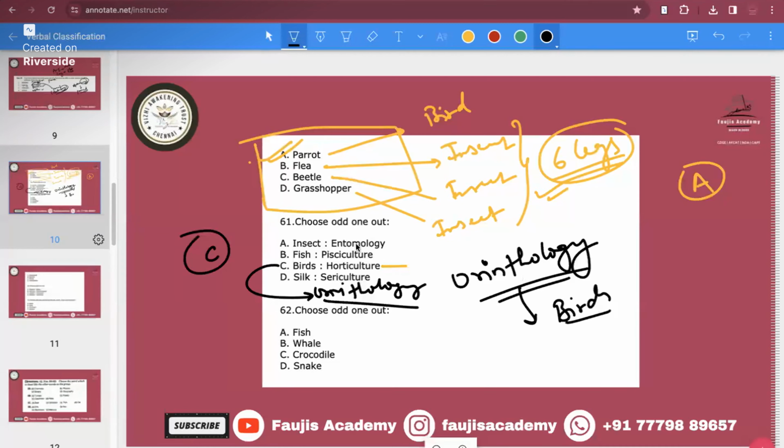Insects are studied in entomology. We saw it yesterday as well. Study of fish is called pisciculture. That's correct. Farming of silk is also called sericulture. Right, guys? Ornithology.